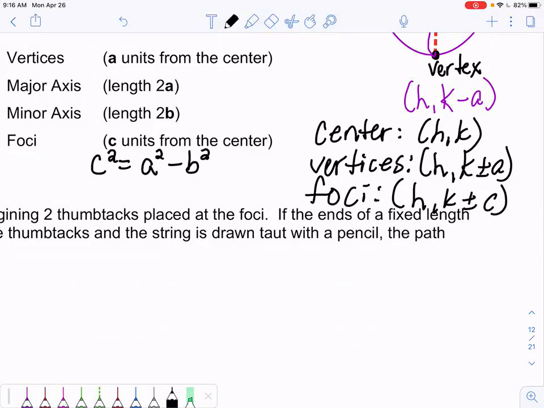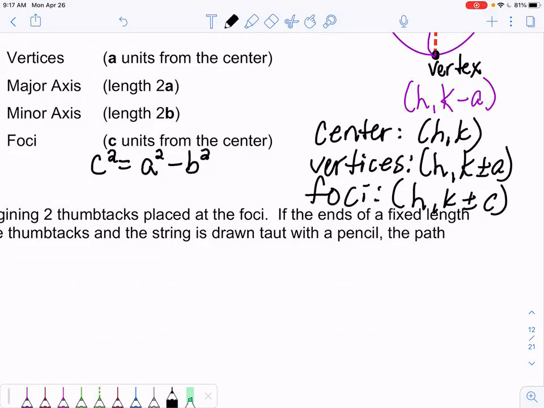So we know A squared plus B squared equals C squared is the Pythagorean theorem. Well, to find this foci value, you're taking A squared minus B squared. So the distance of A minus the distance of B gets you those 2 points that are in the middle of the ellipse.